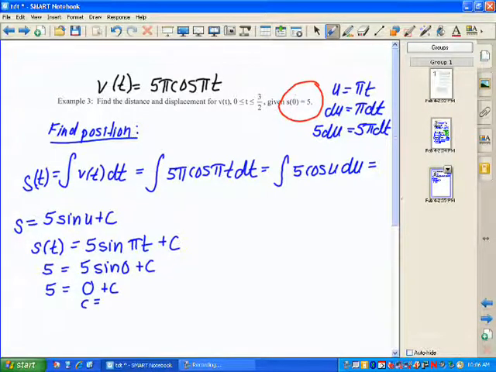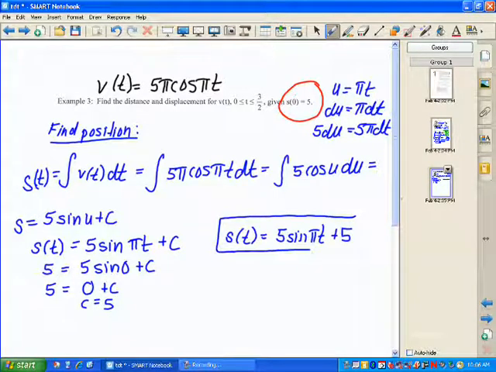So C is 5. And finally I have a position equation. Good so far? Okay, you're going to need that before you can use the other method.